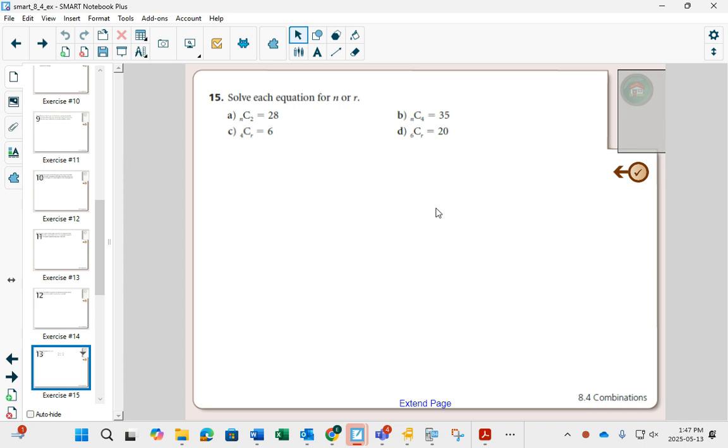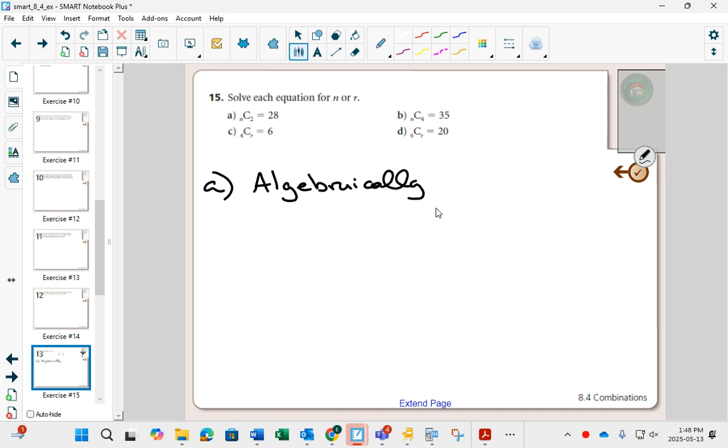The reason I wanted to do number 15 with you is that if you got this on a test, most likely it would say solve algebraically. And that means we have to use the formula and do mathematics to figure it out.